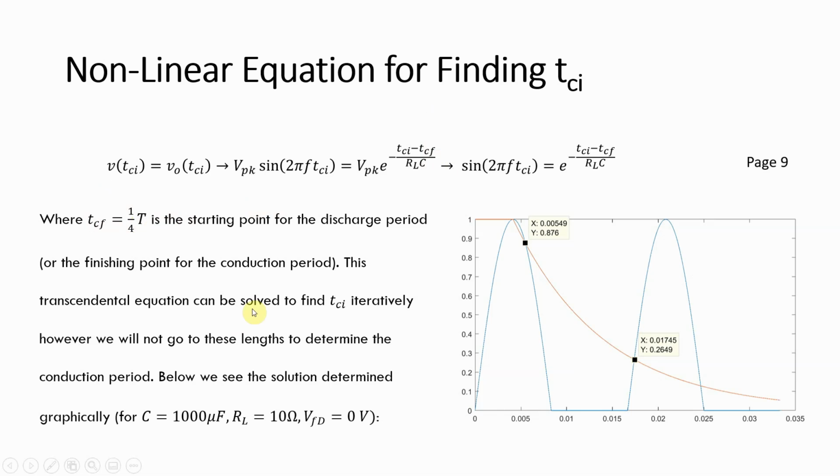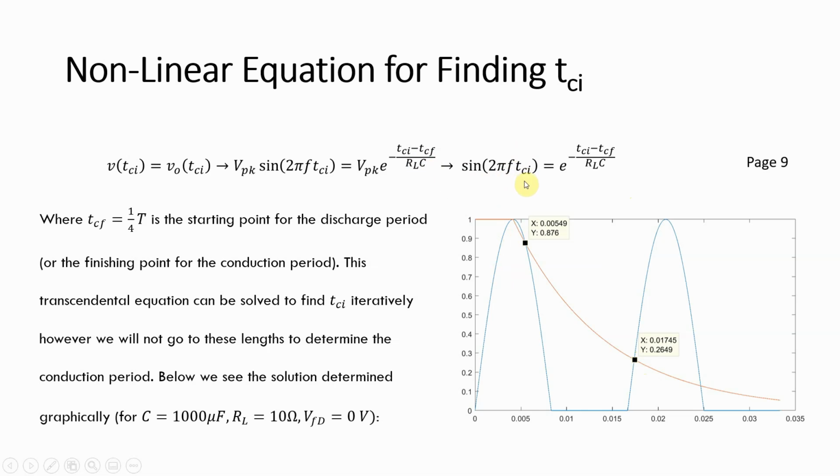And you see that the equation we have to solve is V peak times sine of 2 pi f, this is omega, times T_CI, which is the time at this point, equal to V peak times e to the power negative (T_CI minus T_CF) over tau. So we end up with this equation. Now here we know f, which is for the input, for example 60 or 50 hertz.